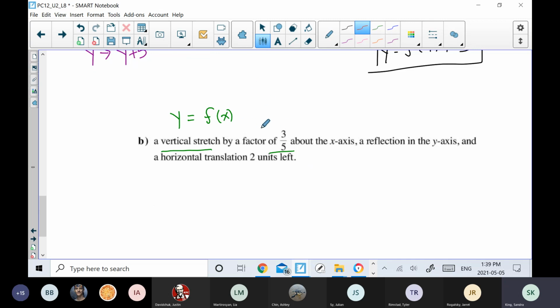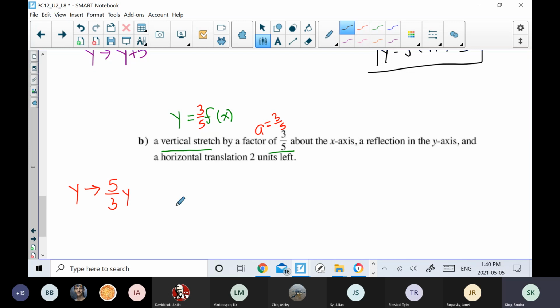A vertical stretch is an a value, and it's going to be the same as the stretch factor. So if the stretch factor is 3/5, that means that the a value is 3/5. That means I need to get a 3/5 in front of my function. How I do that, though, is the y will flip. So y is replaced with, instead of 3/5 y, it's going to be 5/3 y.